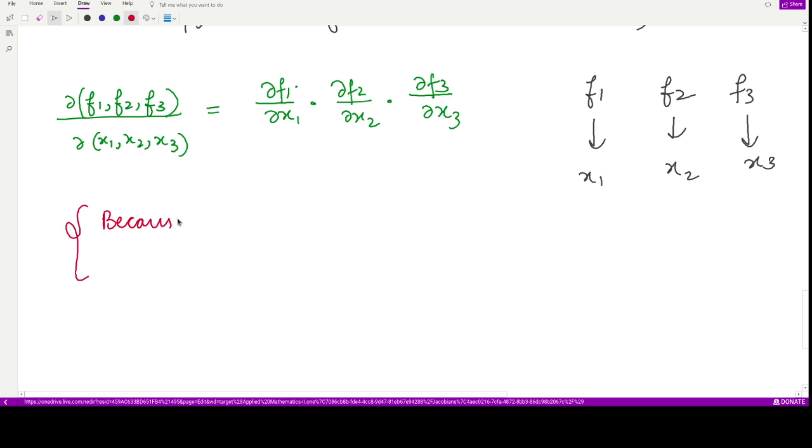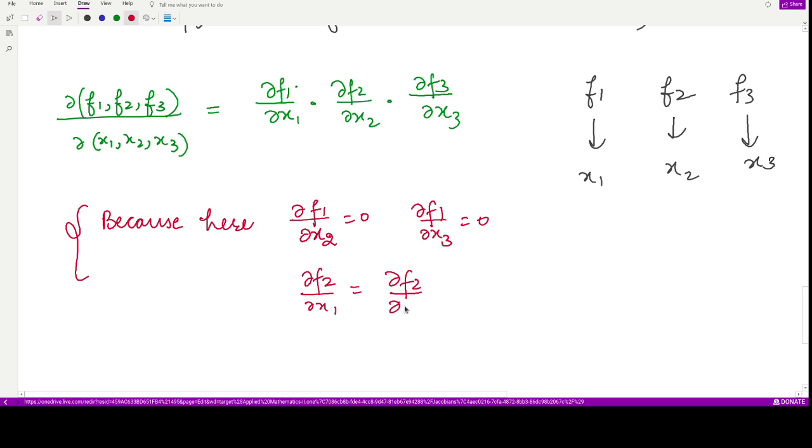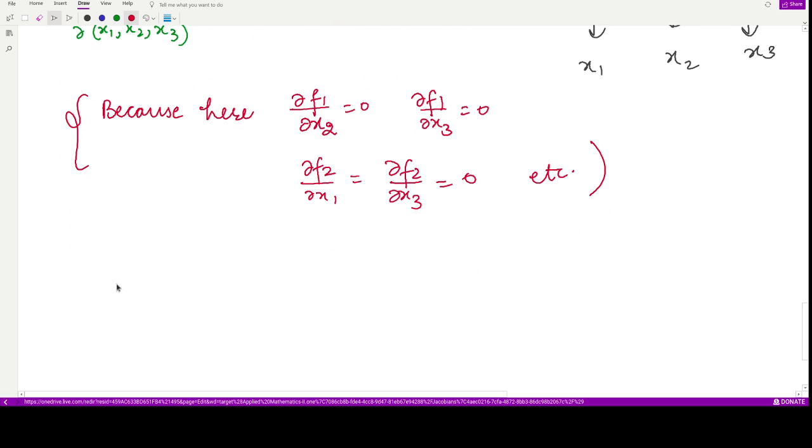As f1 only depends on x1, the derivative of f1 with respect to x2 would be 0, and with respect to x3 would be 0, and similarly the derivative of f2 with respect to x1 and with respect to x3 would be 0, and so on. Because these terms are equal to 0, the Jacobian is the product of the diagonal terms.